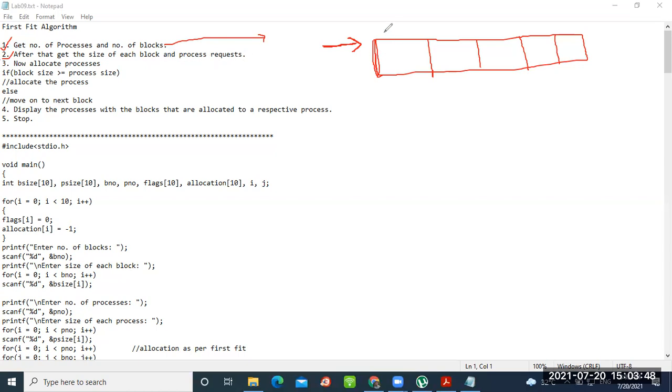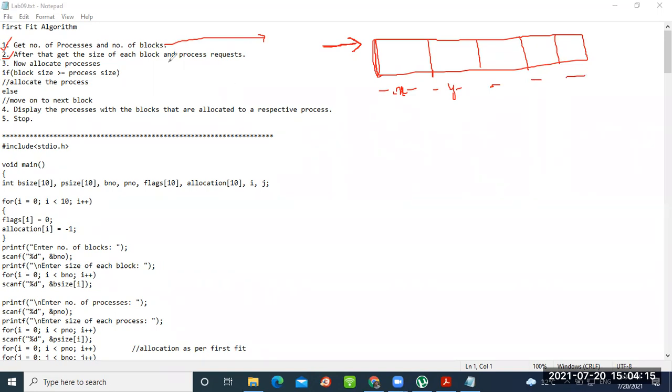That means I will define the size of each block, say x and y, along with each process which is requested.